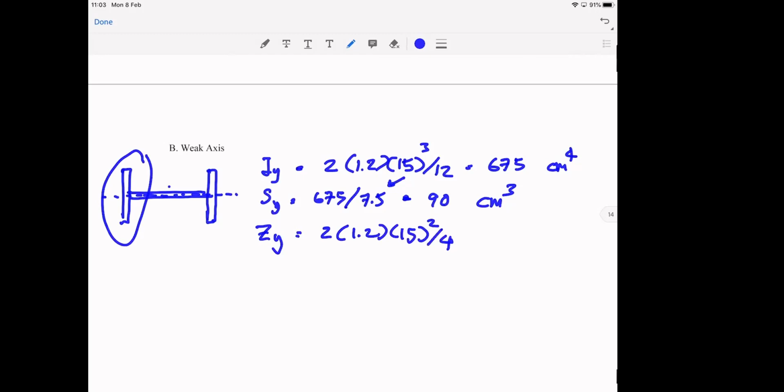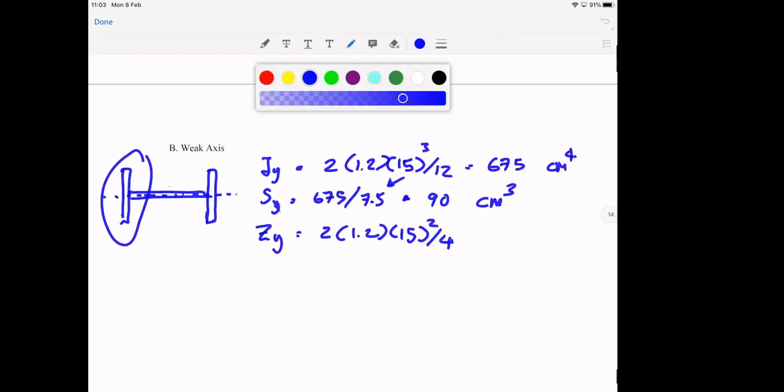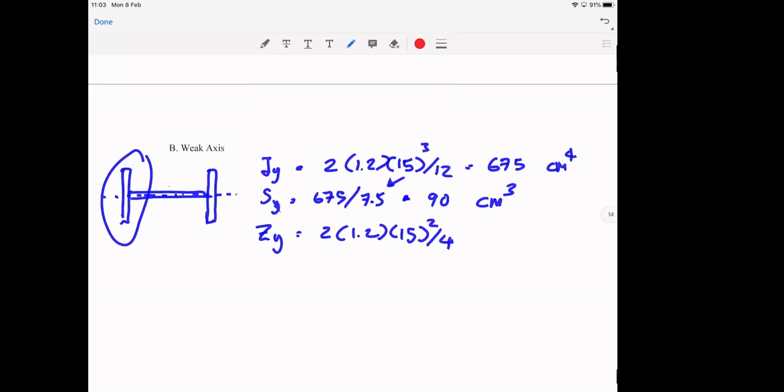If you want to do it, it's fine. Let's say you want to see how it goes. If you want to consider it for the web, B is 42.5, right? And you have 0.8 cubed over 12.